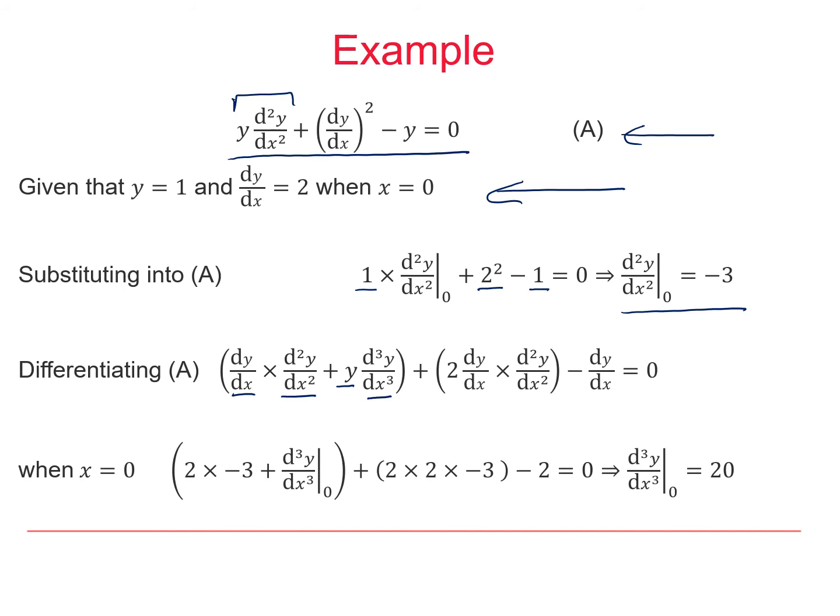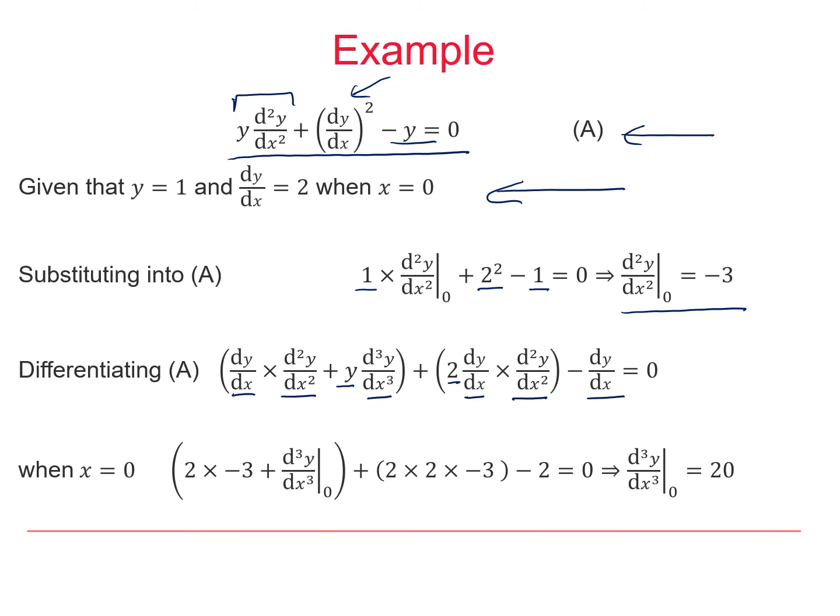The second term can be thought of as a product rule problem again, because we've got dy by dx multiplied by dy by dx. We can leave dy by dx alone and differentiate the other term, d2y by dx squared, and then swap them over, so we end up with 2 of the same derivative. And the derivative of y is just dy by dx.